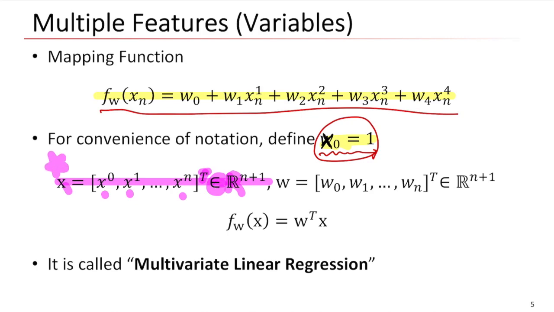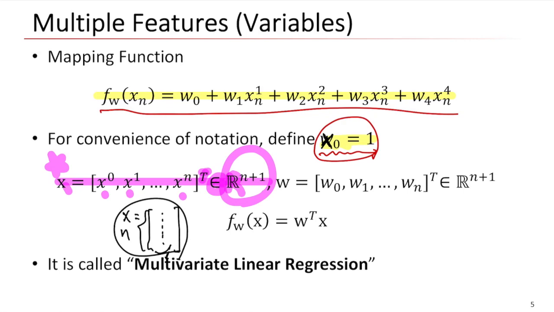If you are not familiar with the vector notation, please watch the first lecture of this course, so you can find the meaning of this notation. It means the size of vector x is n by 1, that is, n rows with a single column. So this is the vector notation.